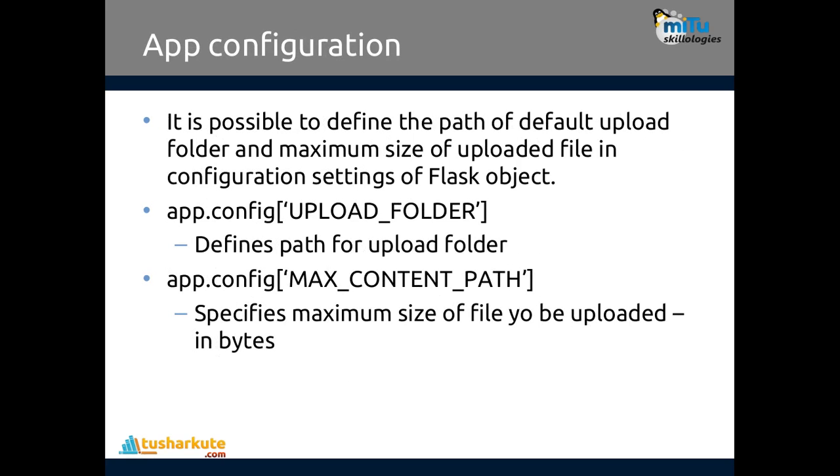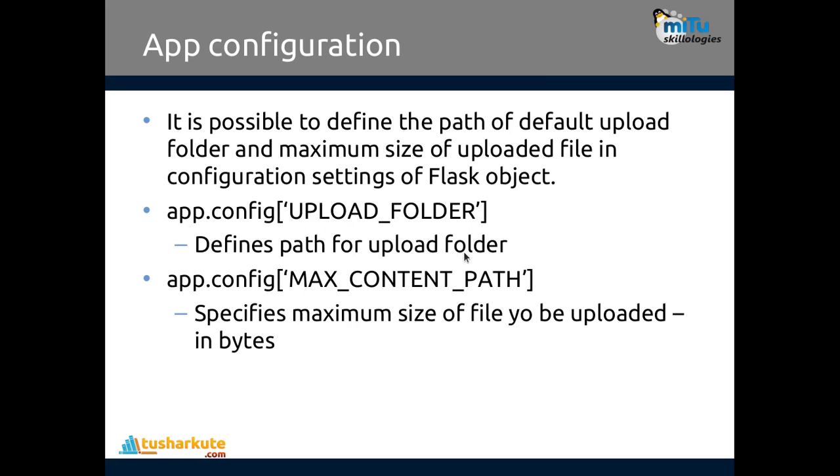Let's see it practically also, but before that let's see some configuration we need to mention, like on the app object that we create. In that I can mention the default path of the upload folder as well as the maximum size of the uploaded file in the configuration of the Flask object. So we can mention app.config, and here you have to specify the upload folder.